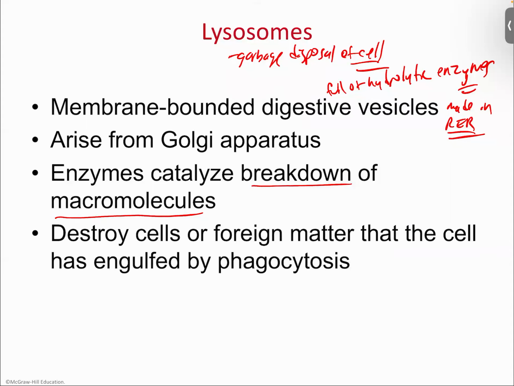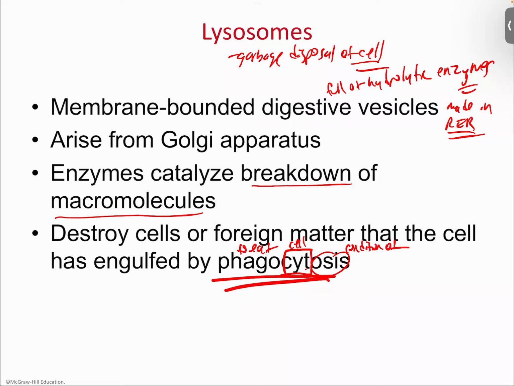So then ultimately what's going to happen is anybody who gets on the business end of a lysosome is going to be phagocytized, which is a fancy word for cell eating. Phago means to eat, cyte refers to the cell, and osis is the condition of.